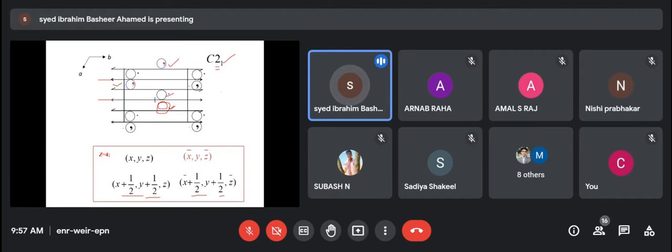So you have the molecule here. You have a twofold rotation and a screw axis. The twofold rotation will bring the molecule here, and the screw axis will bring the molecule here. Yes or no?